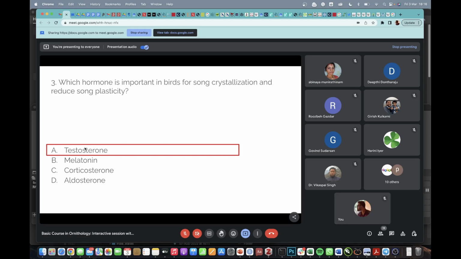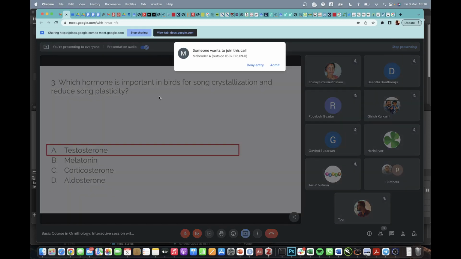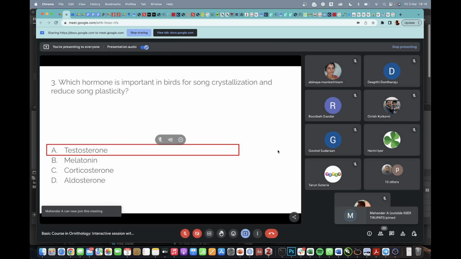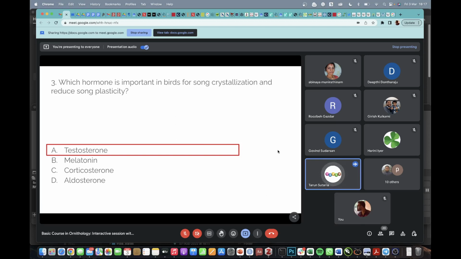Apart from Govind and Rusbe, can anyone else tell me what song crystallization is? So what does it mean by reducing song plasticity? Can you tell me what song crystallization is first, if you can?